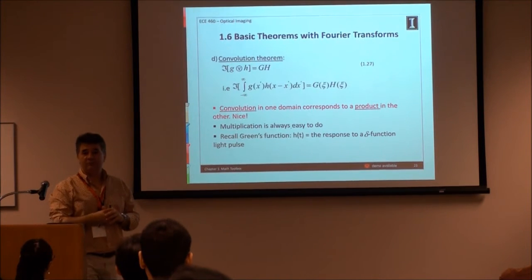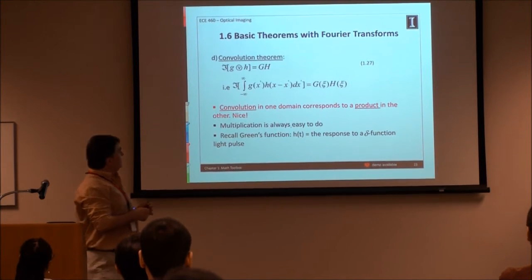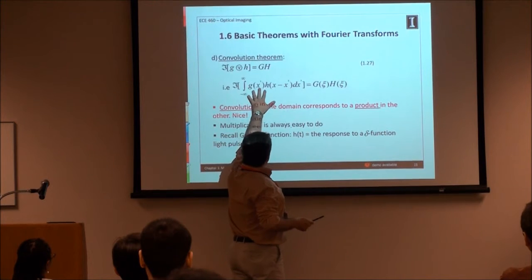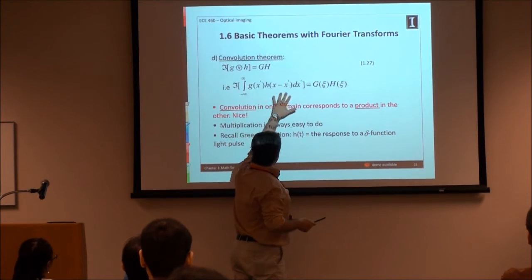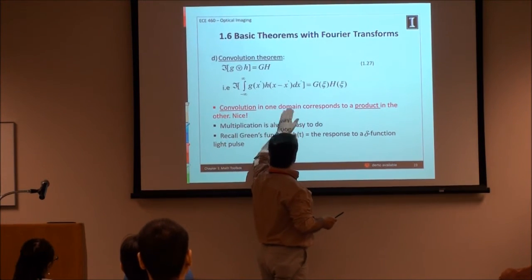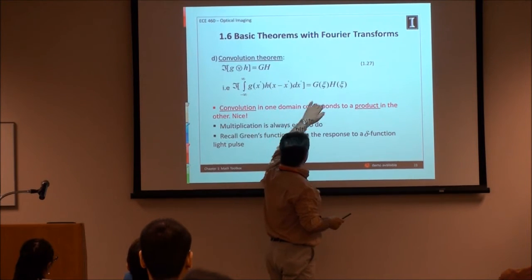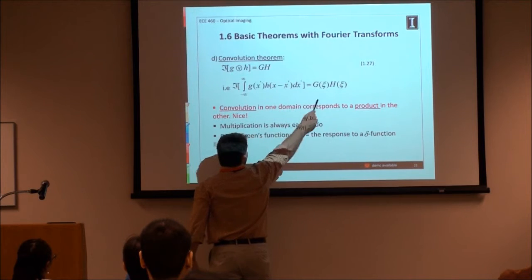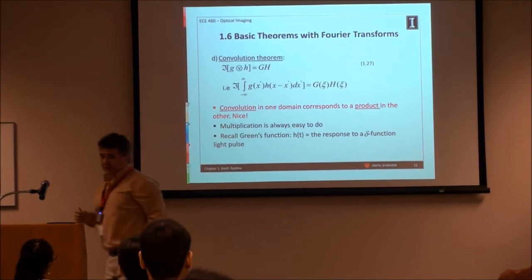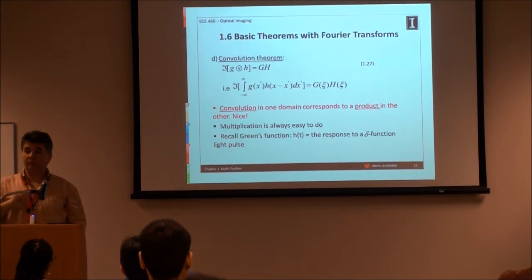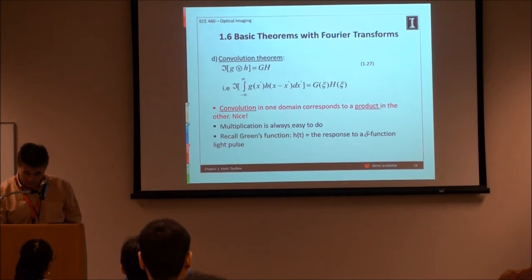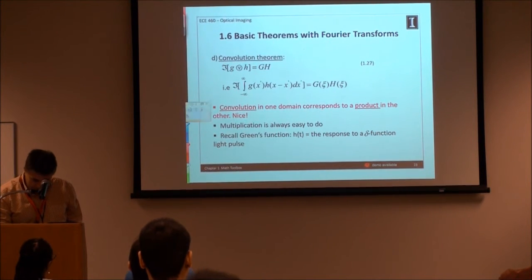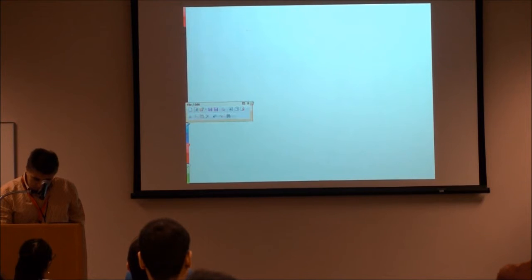I mean, we know how to do some integrals too, but think about it. Instead of calculating this with the definition, taking the integral, I can take the Fourier transform of each, multiply, and if I want to get back to the spatial domain, all I need to do is take the Fourier transform back of that. Are you with me? Let me say this some other way. I'm trying to do f convolved with g.